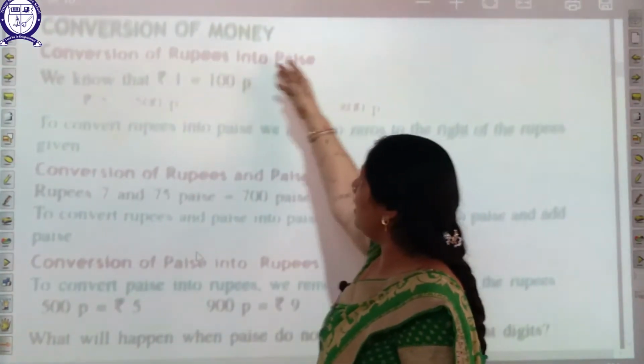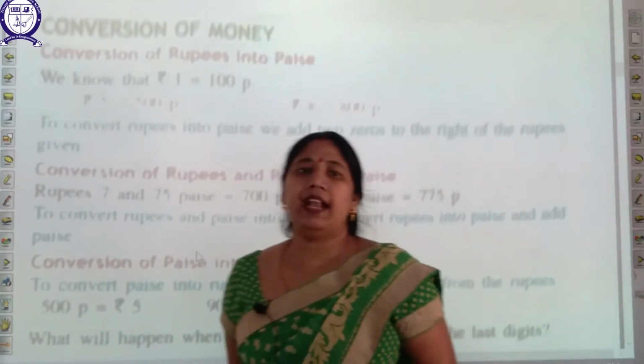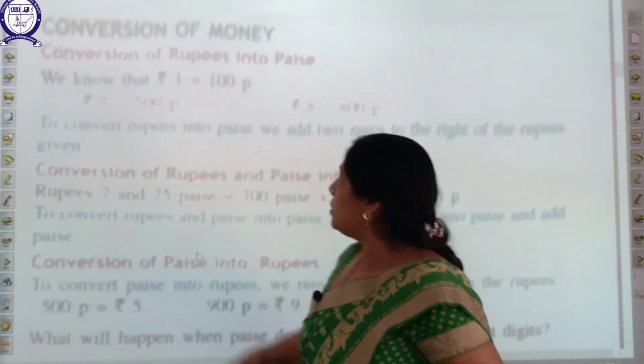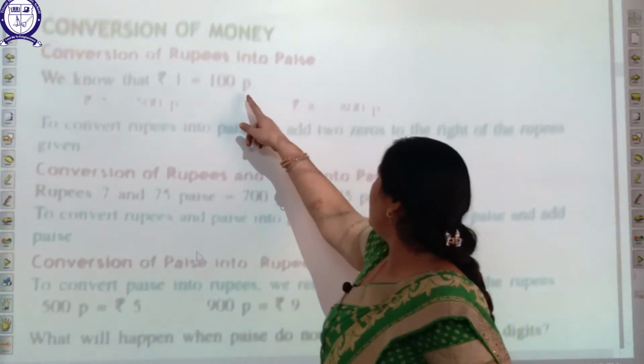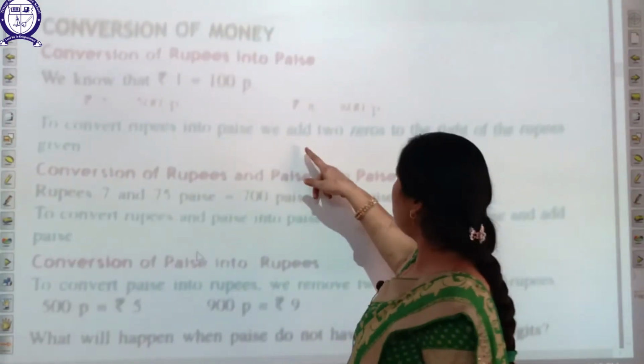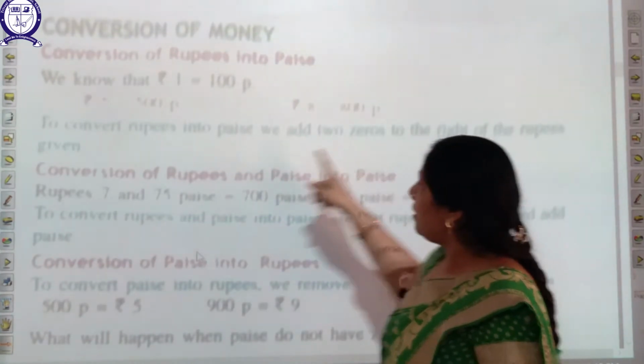Conversion of money. Conversion of rupees into paise. So we know that 1 rupee is equal to 100 paise. To convert rupees into paise, we multiply by 100.